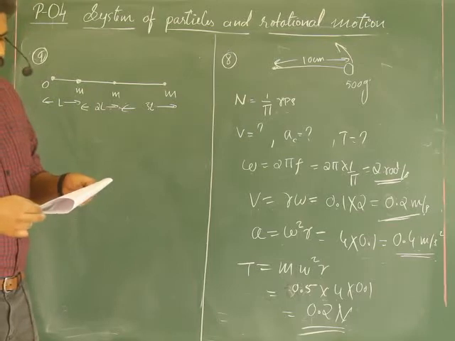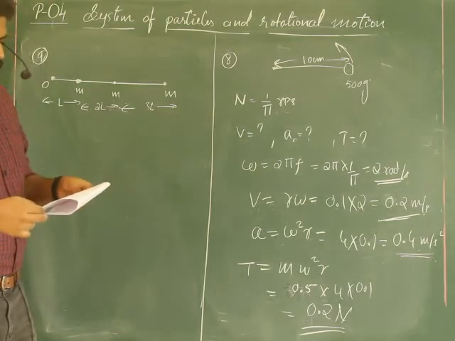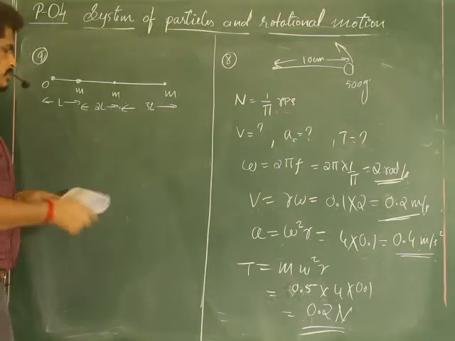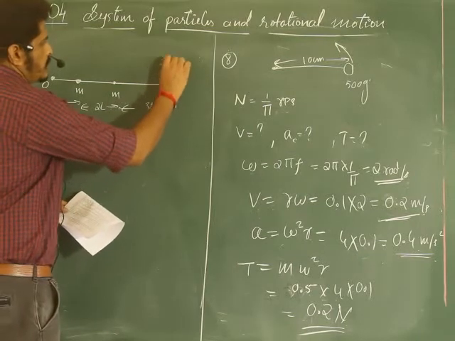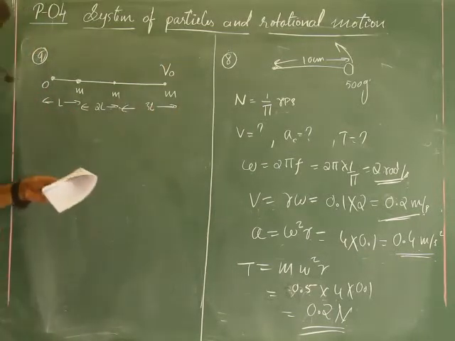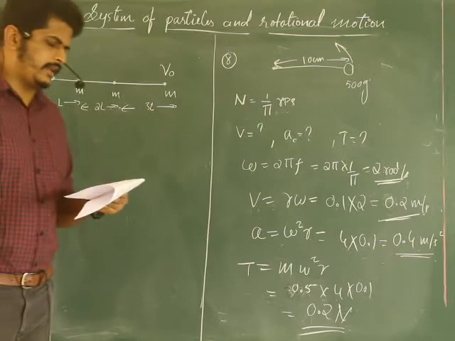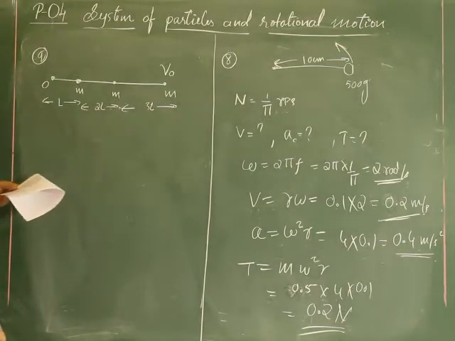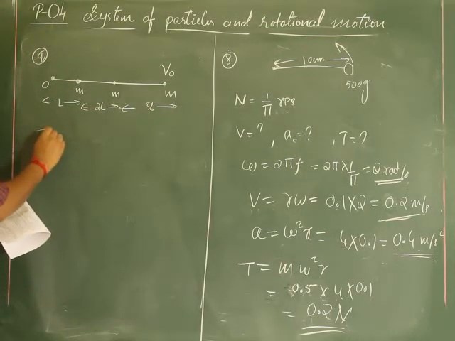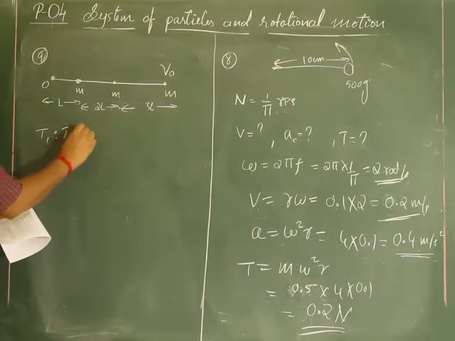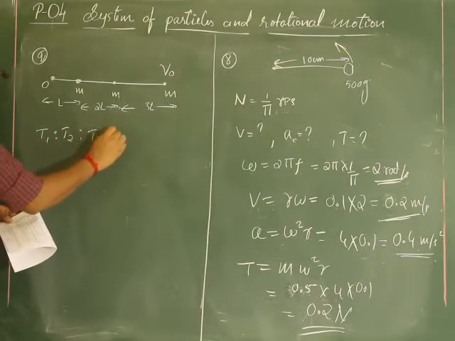The outermost particle is this one, and its velocity is v naught, with which it is moving. Then the ratio of tension in the three sections of the string, that means T1 is to T2 is to T3, equal to how much?